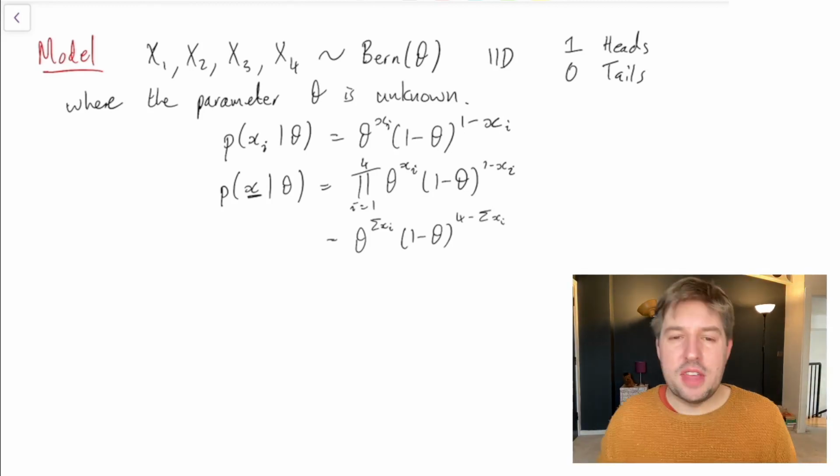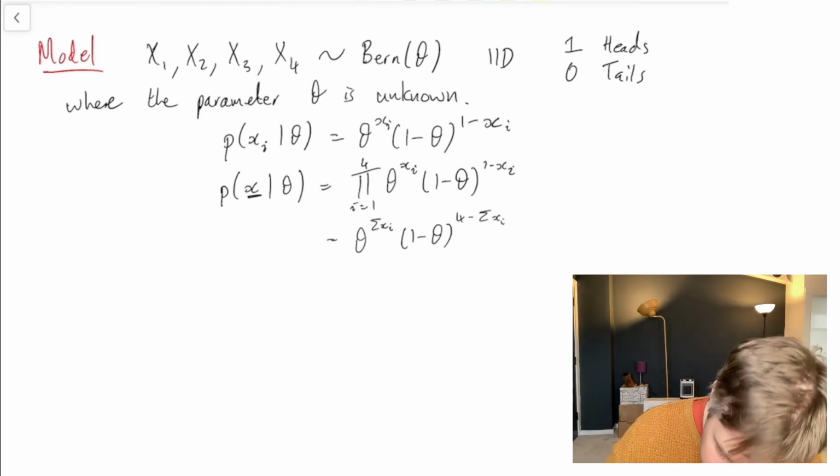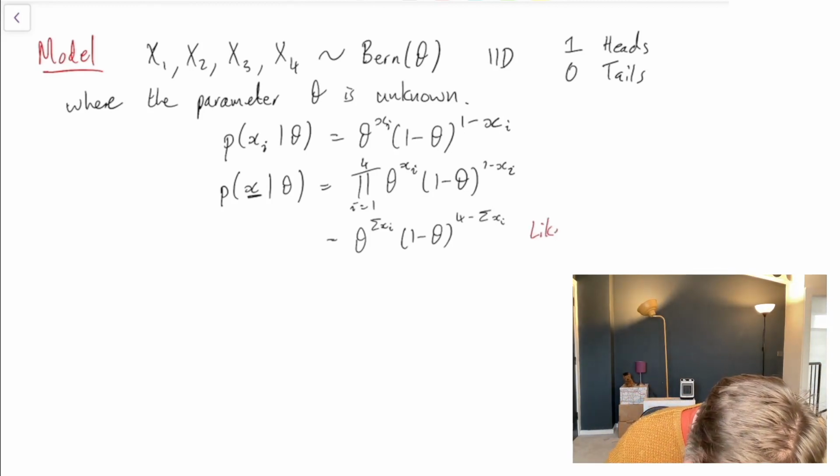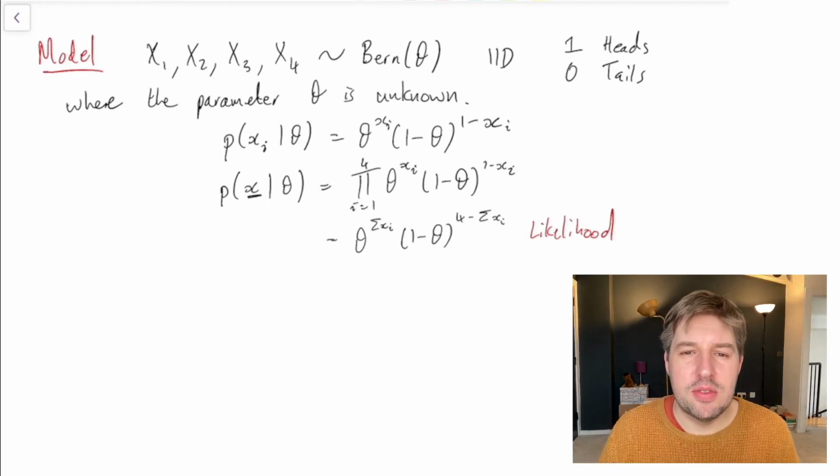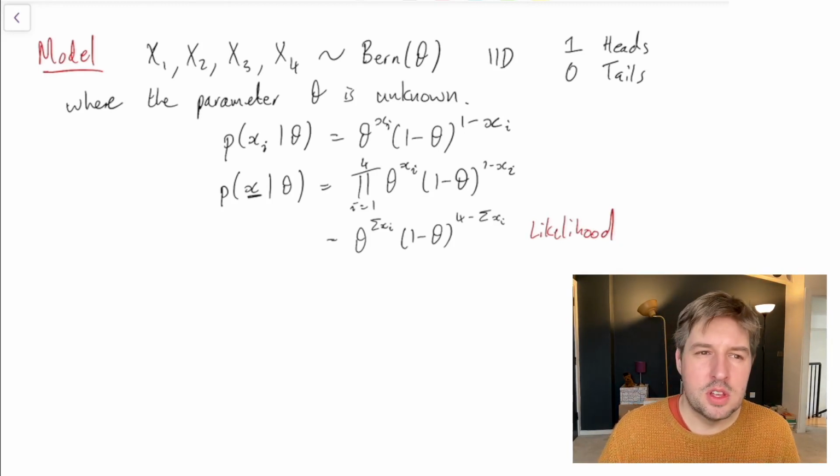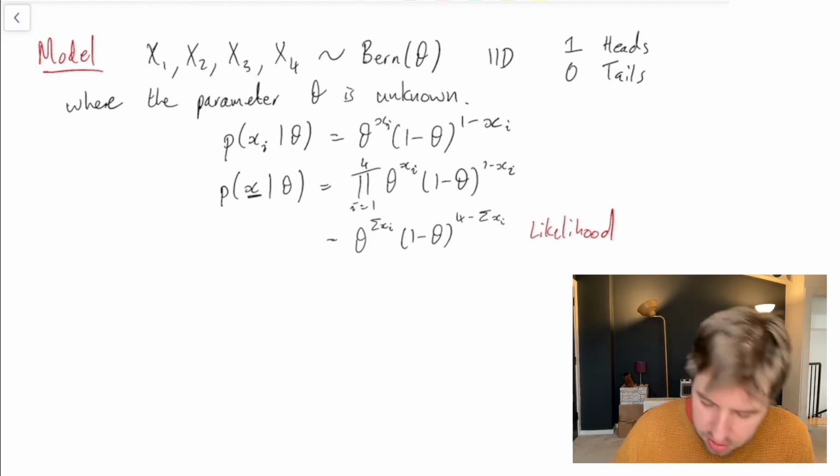So that was our model there. Statisticians sometimes call this the likelihood, this probability of the data given the parameter. So the thing we started with was we had this model in terms of a likelihood.